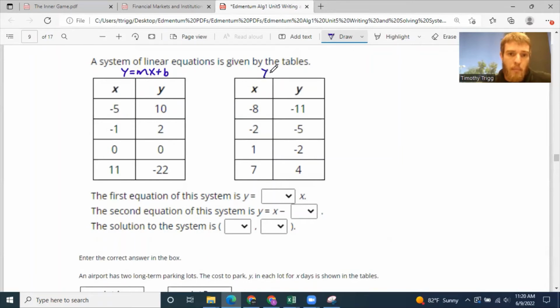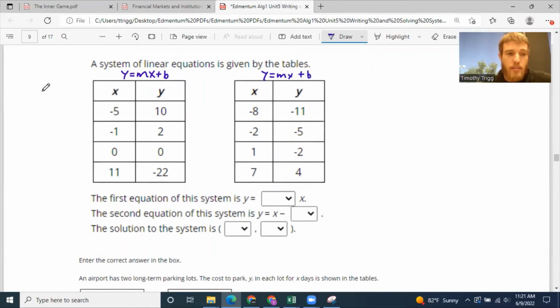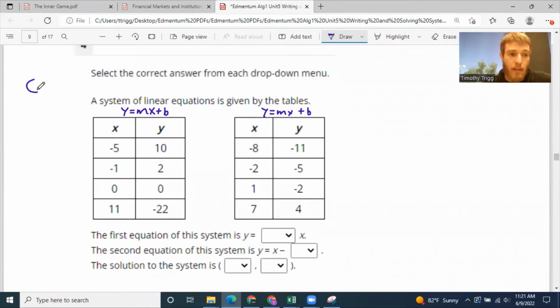And hopefully you remember that the y-intercept is always 0 comma something. So whenever you see 0 comma and then a number, that number tells you the y-intercept. That's your b, that's your value of b.